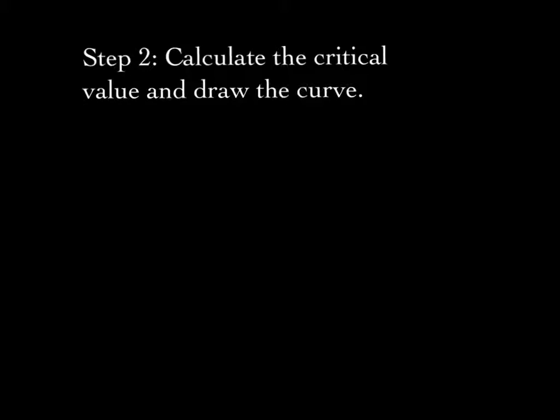Step 2 is calculating the critical value and drawing the curve. Because it's a two-sample t-test, we're going to have a normal bell curve.